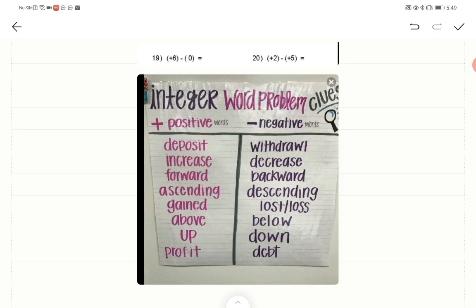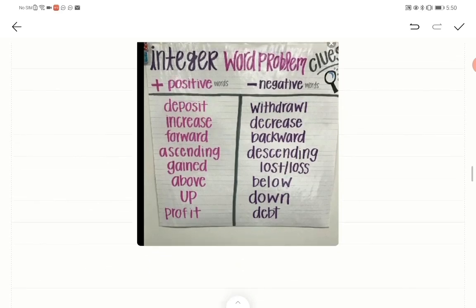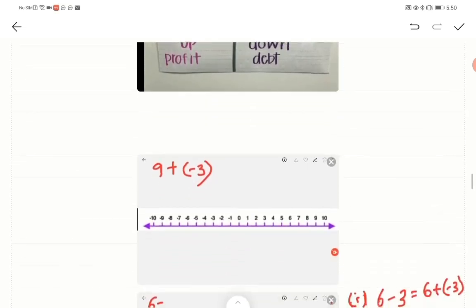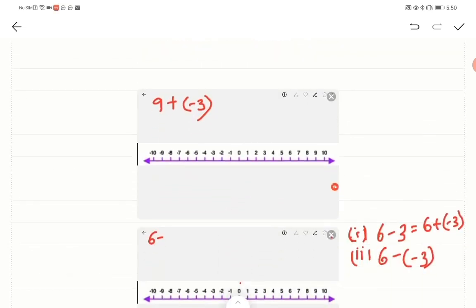Welcome to the second session of integers, or second video of your mathematics subject, integers. In the last video we had discussed how to represent integer addition on the number line.